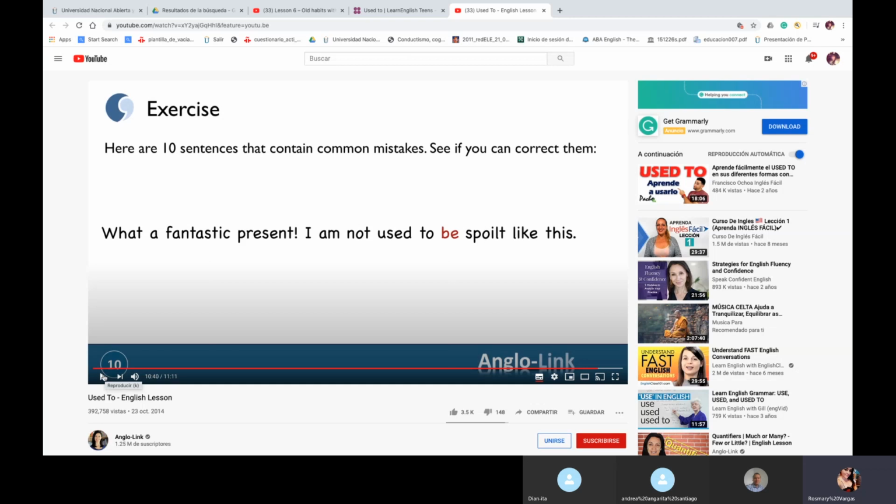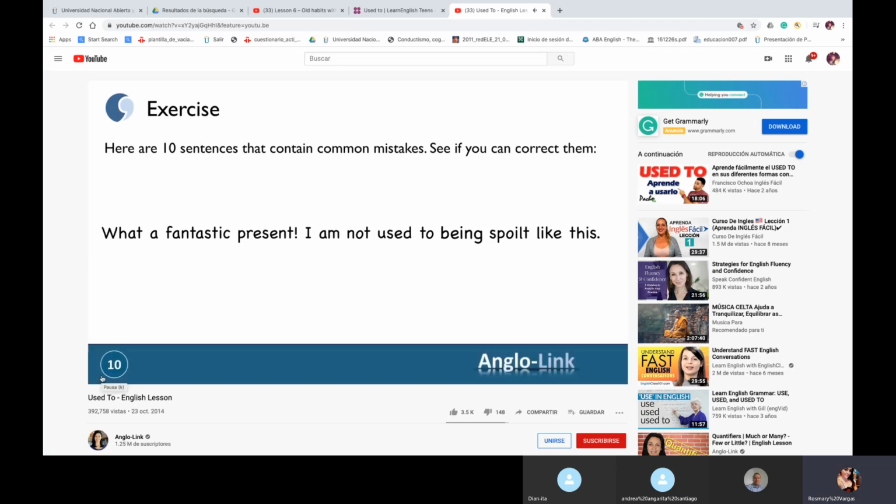No clue? After be used to, the verb is in the gerund form. I'm not used to being spoiled like this. I'm not accustomed to being spoiled like this.